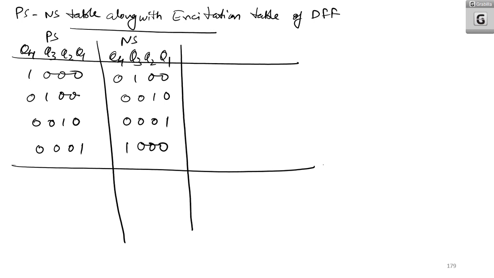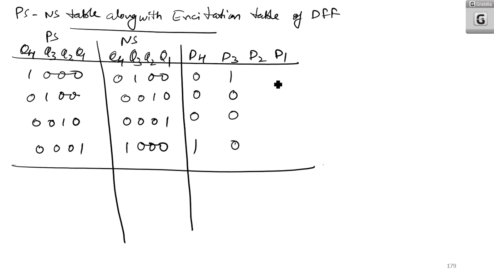Okay. Now let me write D4, D3, D2, D1. What is D4? D4 is equal to next state Q4. So we can write 0 0 0 1. What is D3? D3 is equal to next state Q3. That is 1 0 0 0. Now coming into D2.